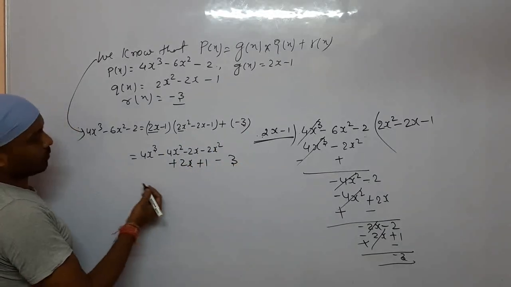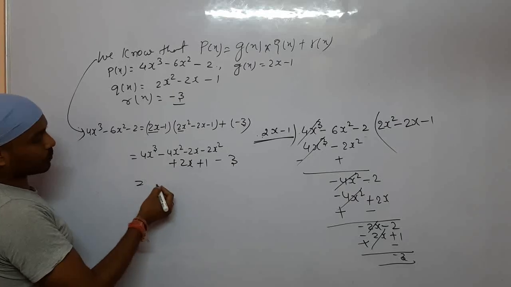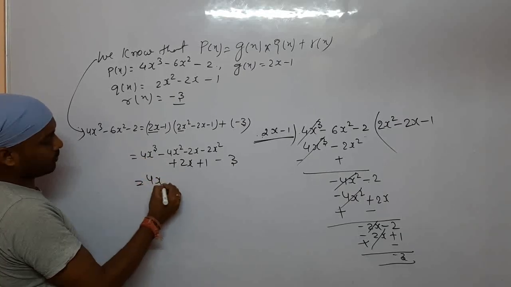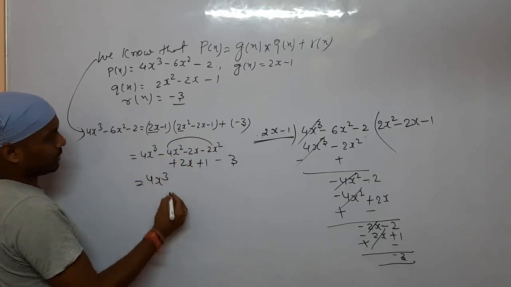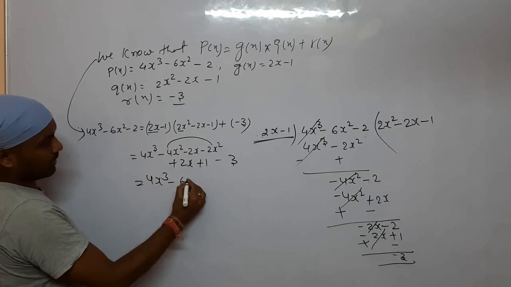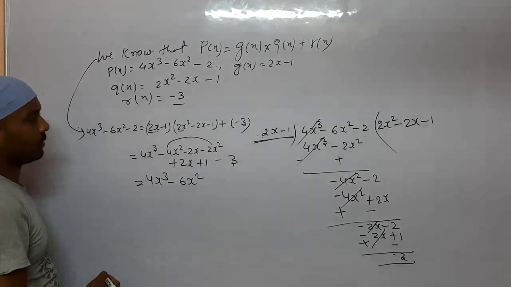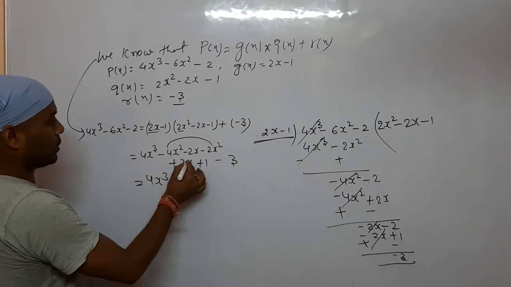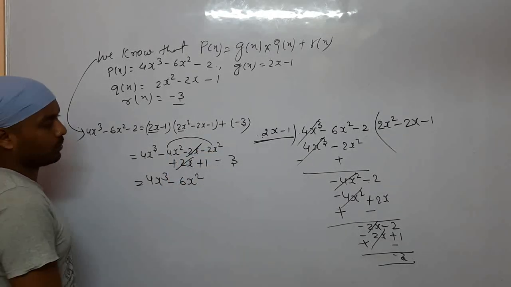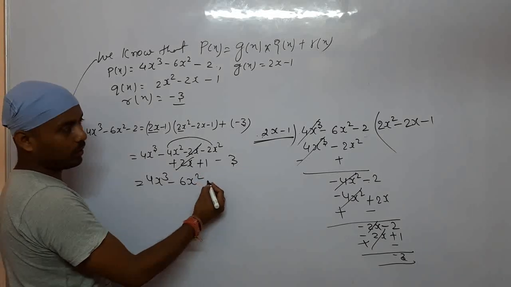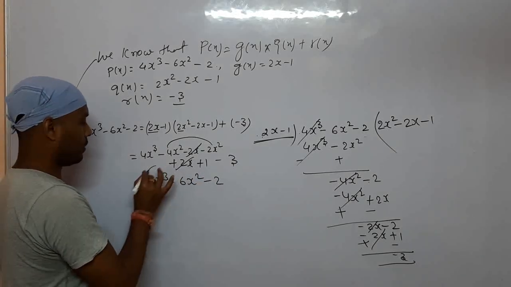Okay, now see, 4x cube, thus you will get minus 6x square, this plus 2x minus 2x will cancel out, minus 3 plus 1 gives minus 2.